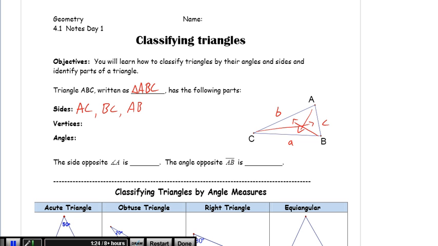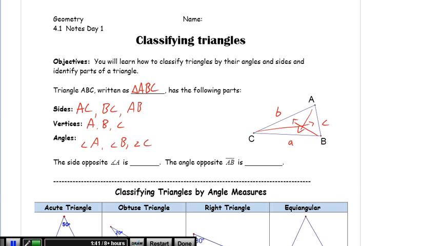The vertices, pretty simple. We have vertices A, B, and C. And we also have angles A, B, and C. So a lot of things that we've already seen before.